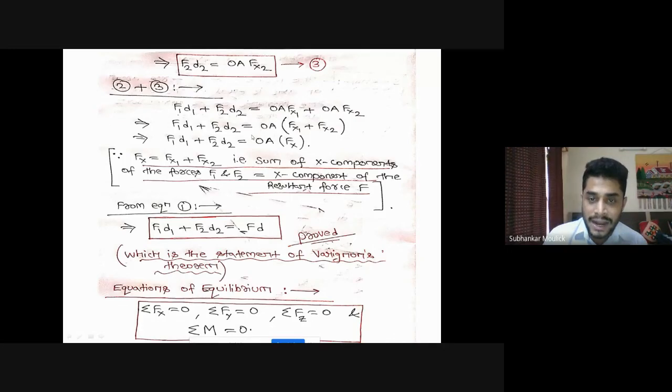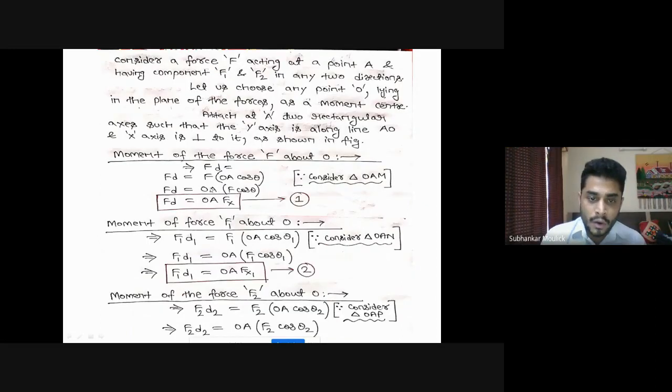Now, if you see the right hand side equation, it is OA Fx. And if you see equation number 1, OA Fx, I can write it by the term FD. So replace this OA Fx by FD. Your equation will become F1D1 plus F2D2, which is equal to OA Fx, which is FD.